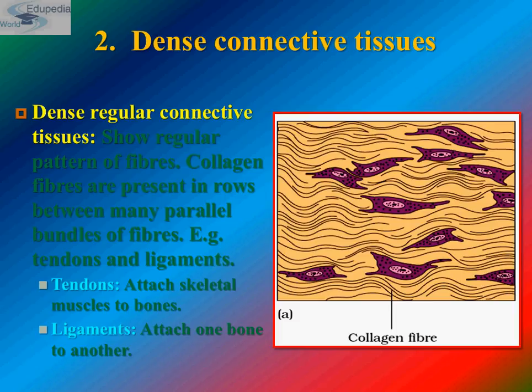Now we'll be studying dense regular tissue in detail. In the dense regular connective tissue, the collagen fibers are present in rows between many parallel bundles of fibers. As you can see, these are your parallel bundles of fibers, and all collagen fibers are present in rows. Tendons and ligaments are the examples of dense regular tissue.